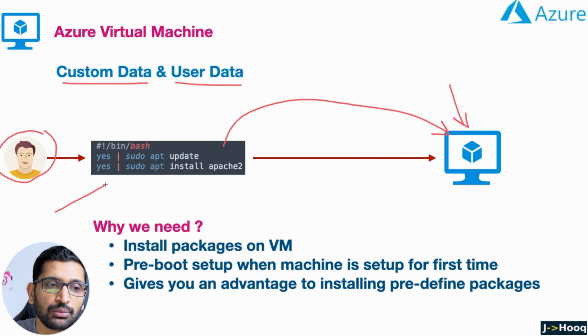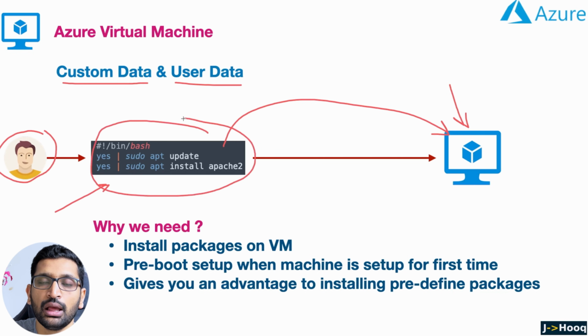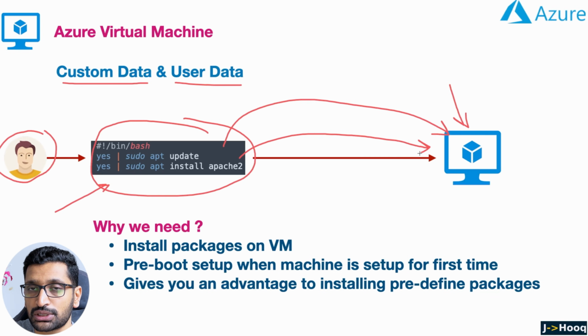So here is an example. This is the script which I need to install onto the virtual machine. With the help of custom data and user data, I will configure this script, and with the help of this script, I will be able to initiate or set up my first virtual machine. So that's the main purpose of our custom data and user data.